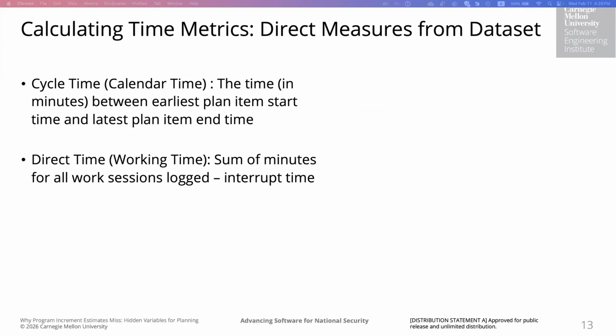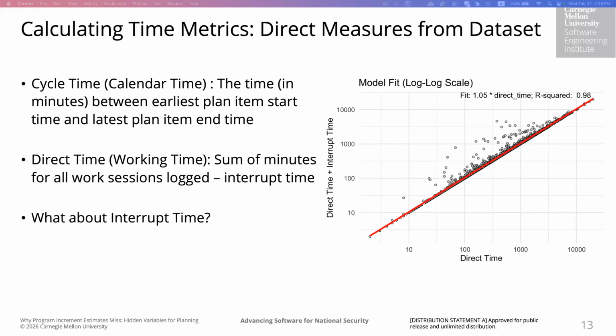Now, one thing to note over here is that we have this TSP data that did log the interrupt time, but this interrupt time is really hard to capture in a real setting, because unless you have a stopwatch-like thing, you will not be able to capture how frequently someone gets interrupted during their session, right? So the natural question then becomes: what is the role of the interrupt time in all of this, right?